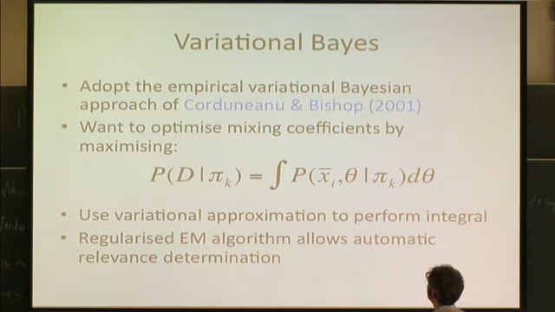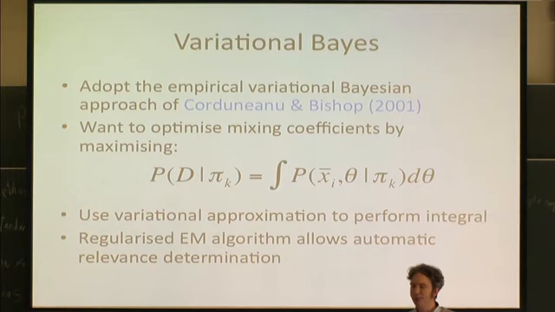And this is basically all taken from this paper by Corduneanu and Bishop in 2001. You can't exactly marginalize out those parameters, so what you use is a variational approximation to get a lower bound on this marginalized likelihood.